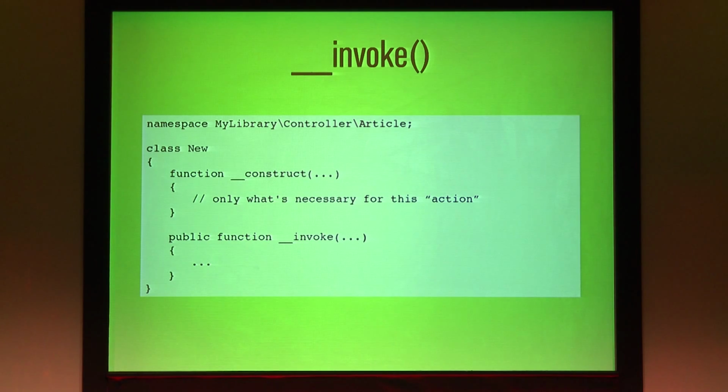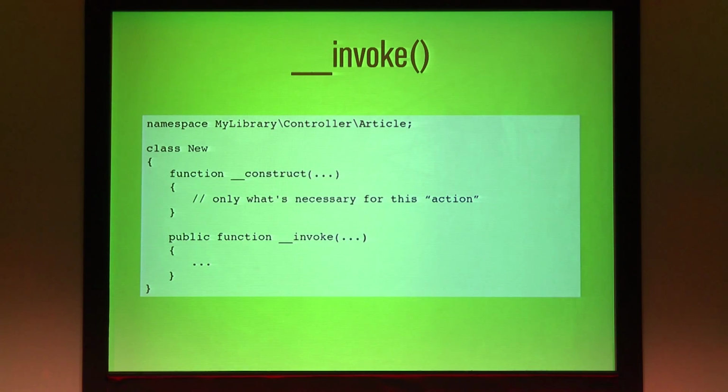I think that we would be better off to have one controller, one action, or in fact, to combine them or to make them the same. So a controller is also an action, or an action is basically just a controller. And this is how we can do this. Instead of an article controller with a new action, we would have a new class, which is in fact the controller and action at the same time.